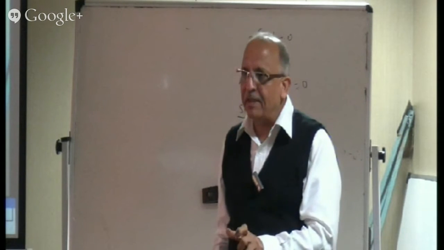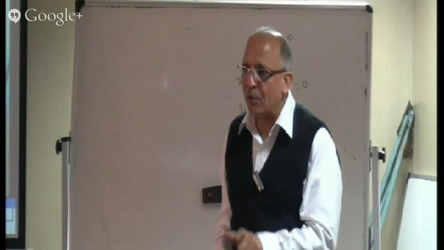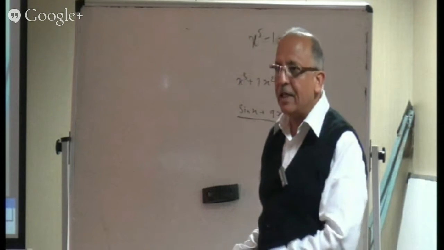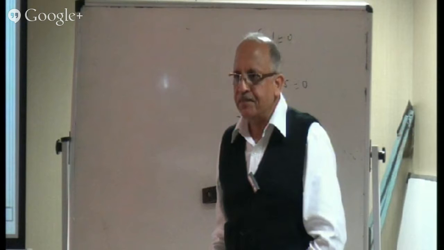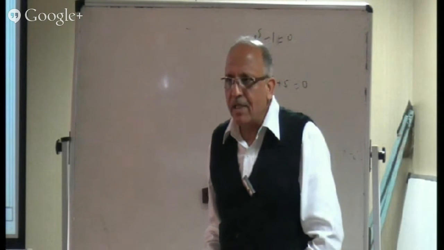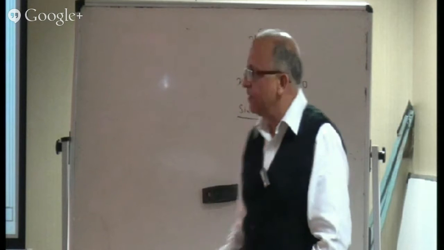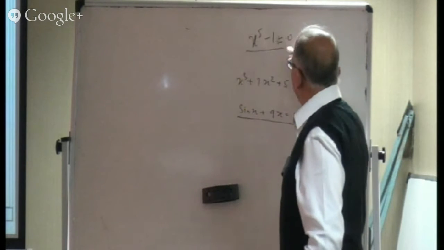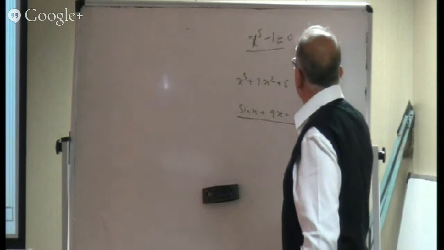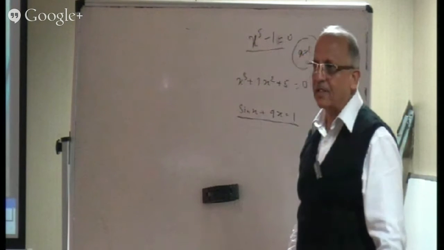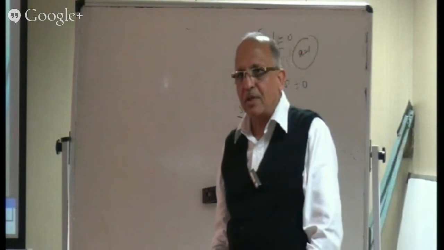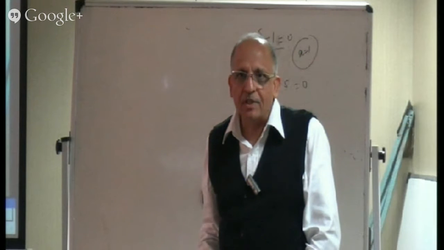But for short, I will be calling it just an equation. Whenever I say equation here, it means a polynomial equation. Suppose there is a value of x which makes the equation 0. For example, here x equal to 1 makes it 0. If you put x equal to 1, it becomes 0.